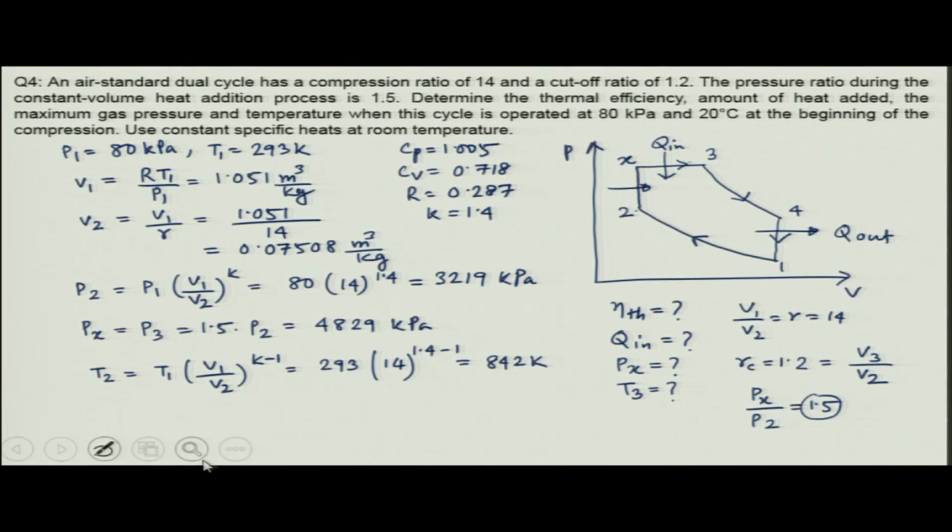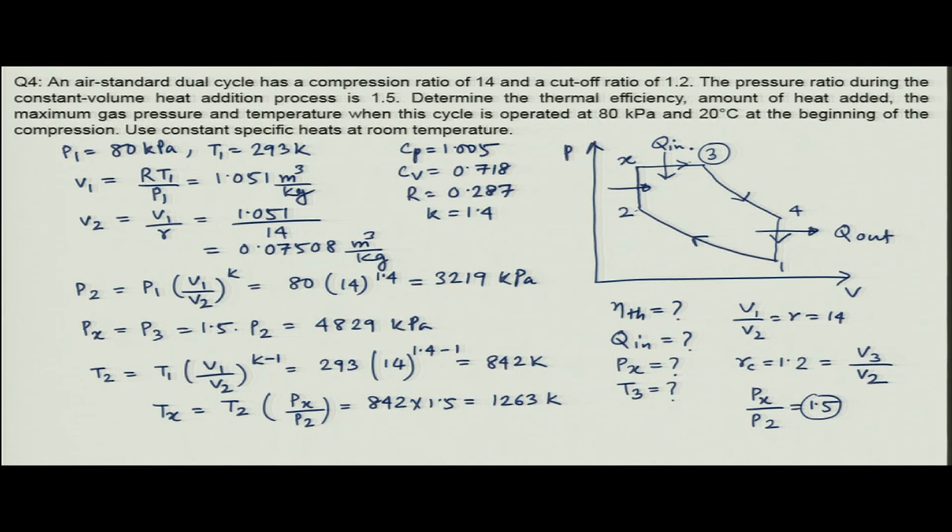So, next we have to find Tx at the end of the constant volume heat addition. So, Tx can be found as T2 multiplied by Px upon P2. Okay. So, 842, Px upon P2 is 1.5. So, this is 1263 Kelvin.